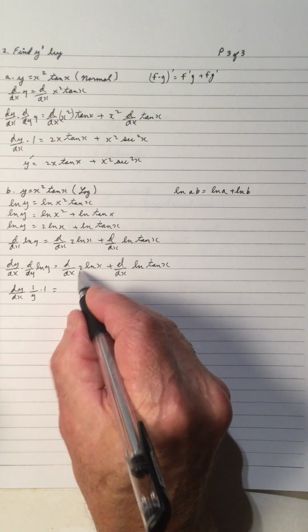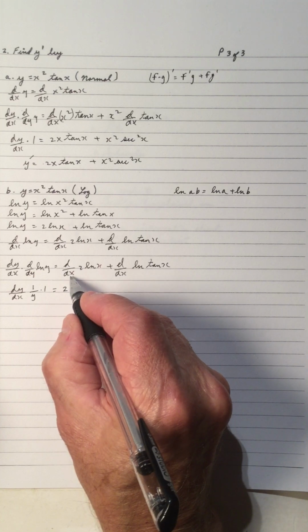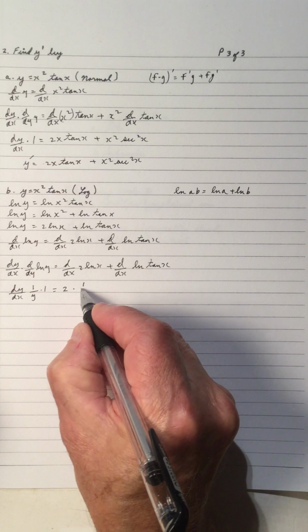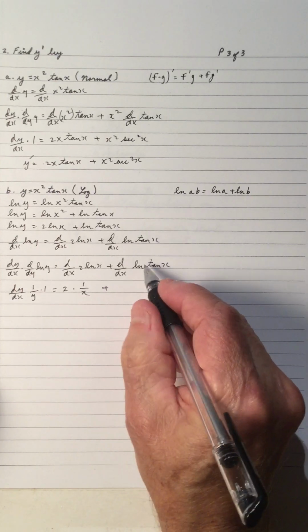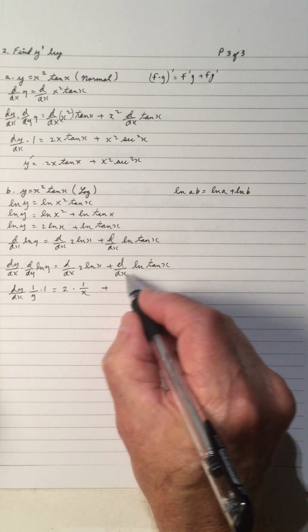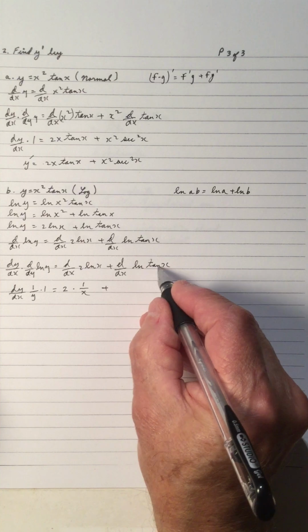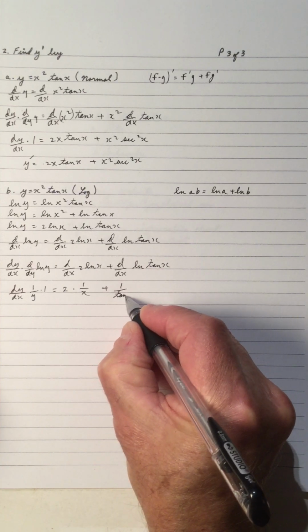Now we have a constant, so the constant goes to the front. So d dx on ln x is 1 over x. And we have the derivative again of ln tan x. So the derivative of ln is 1 over the function, tan x.